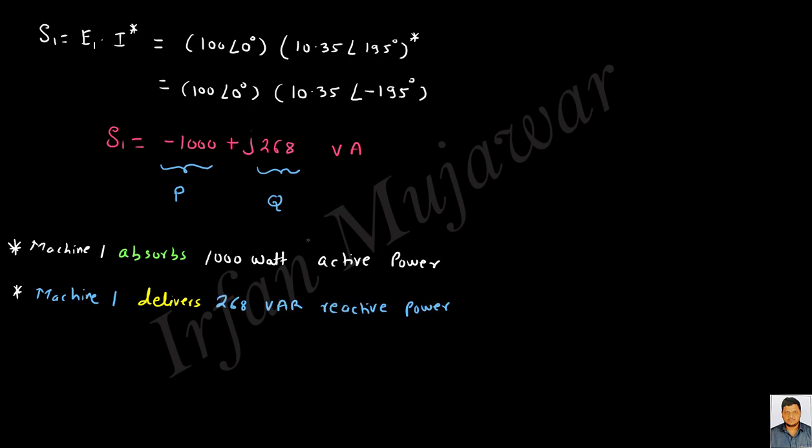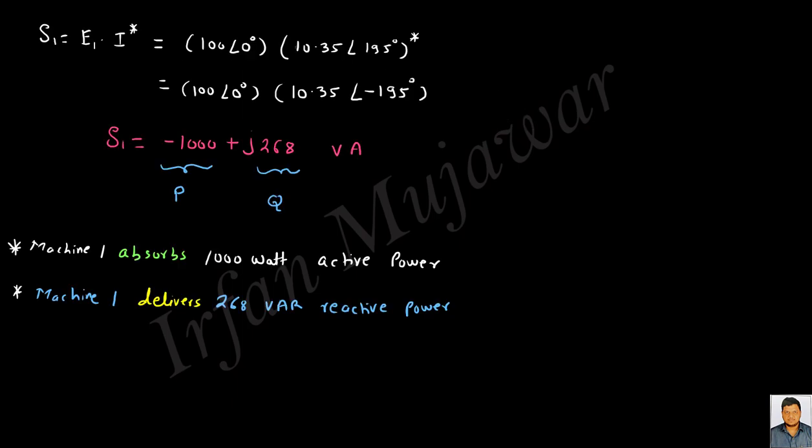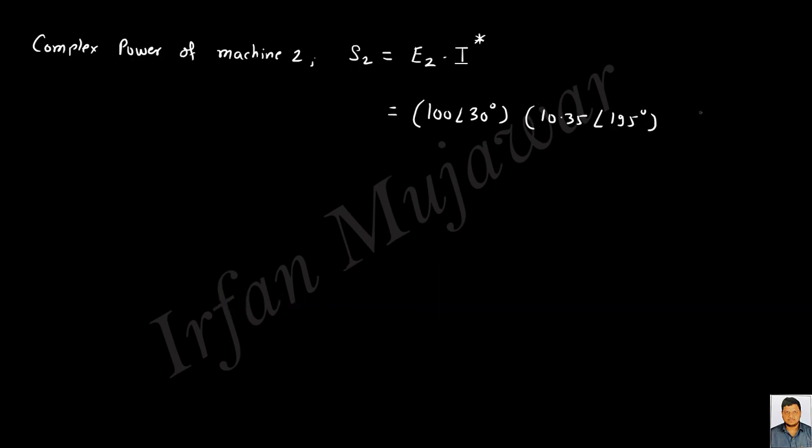Now we need to do a similar thing for machine 2. Again we will calculate the complex power of machine 2, that is S2, which will be equal to E2 into I conjugate. How much is E2? It is specified in the problem: 100 at an angle of 30 degrees. How much is I? That we have got: 10.35 at an angle of 195, and we need to take the conjugate of that.